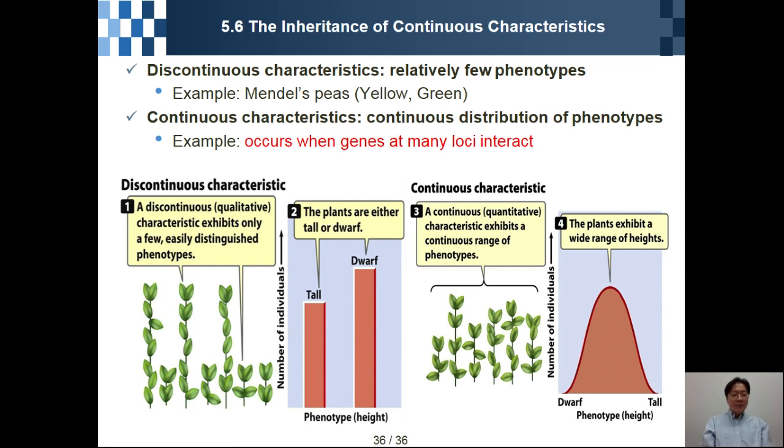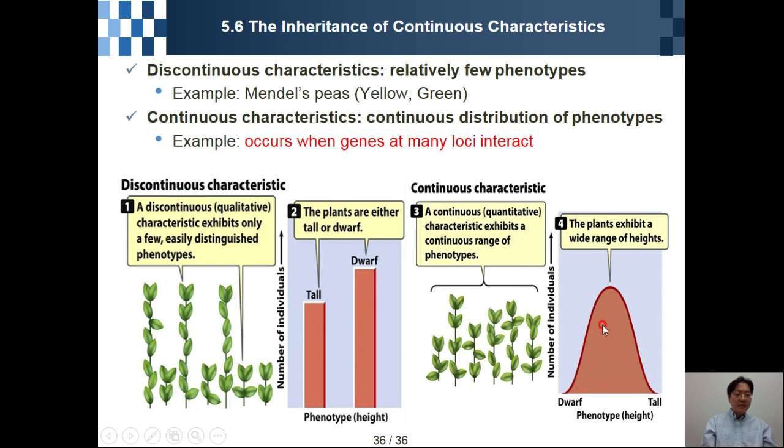Except for Mendel's pea, usually all plants show a continuous distribution of phenotype. One plant has the tall size, one has the medium height, and one has dwarf size like this.